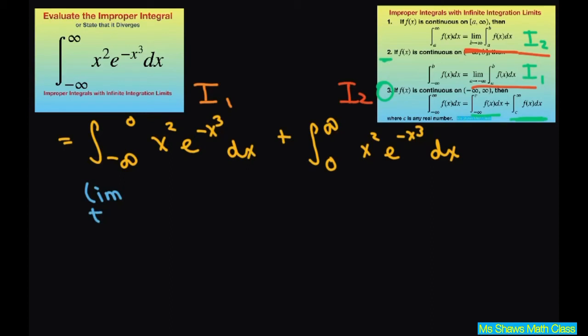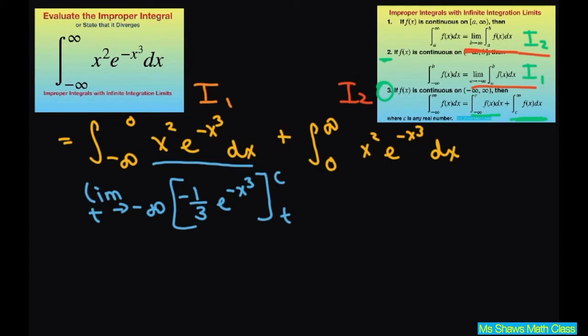So t approaches negative infinity, and when you integrate this, we're going to get negative 1/3 e to the power of negative x cubed, and then we're evaluating this from t to 0.